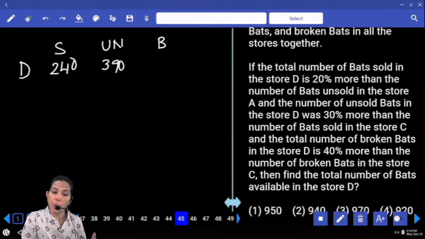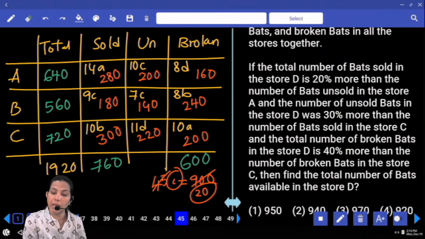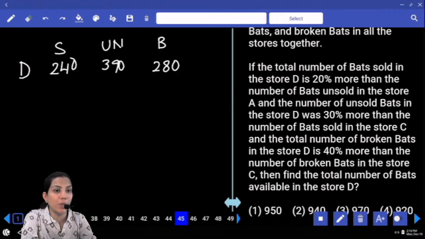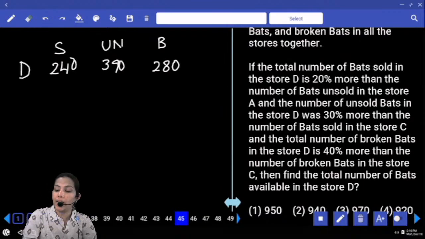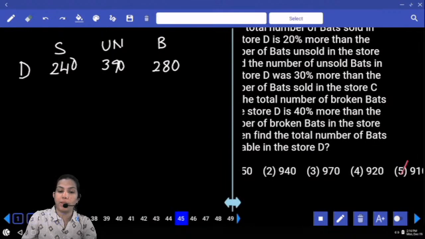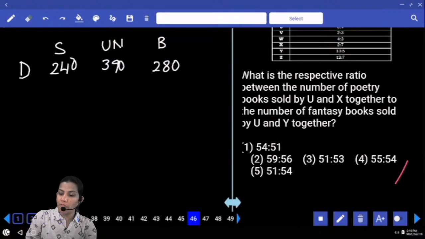And the number of broken bats in store D is 40% more than the number of broken bats in the store C. What is broken bats in the store C? 200, 40% more means 280. What is 240 plus 280? 520. Plus 390 is 910. 910, that is option 5. Next, question number 46.